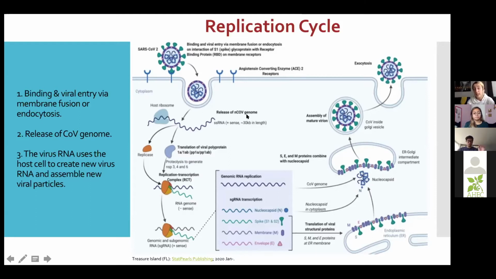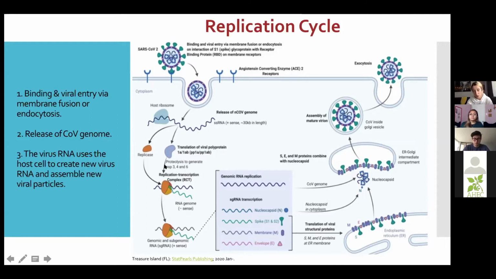What's happening next? It releases the genome. SARS-CoV-2 has single-strand positive RNA. Positive RNA means it imitates messenger RNA, so it can start replication right away using the host ribosomes. It doesn't need to go from DNA to RNA to proteins. Having a positive single-strand RNA makes it faster to replicate.